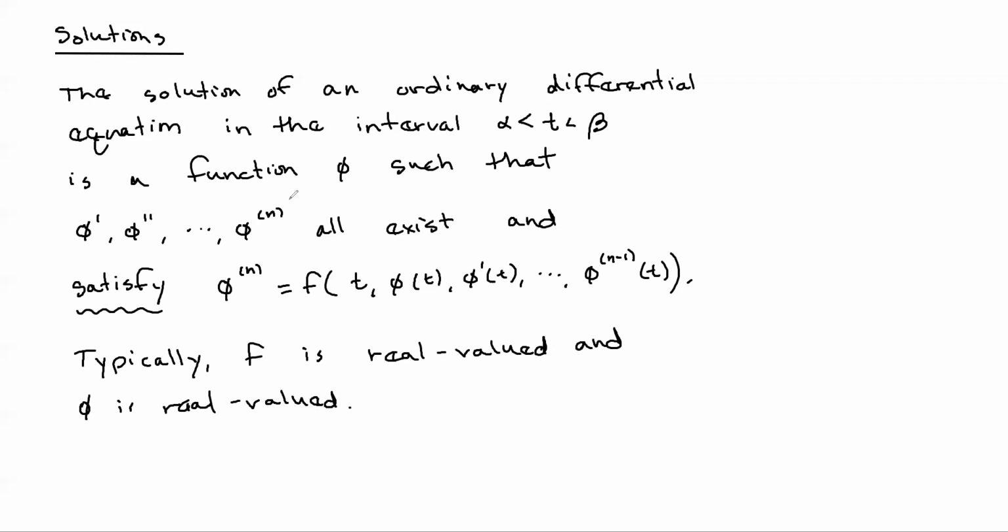So the function that we're solving is a real valued function, and the solution that we end up finding is also a real valued function. That is typically going to be the case in this course.